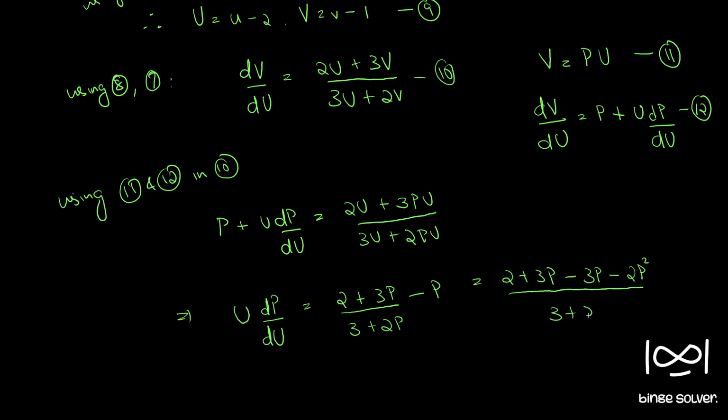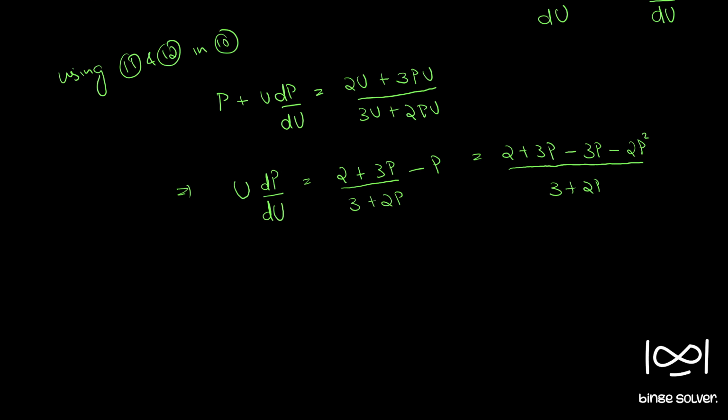So simplifying, we have dp by du is equal to 2 minus 2p square by 3 plus 2p.